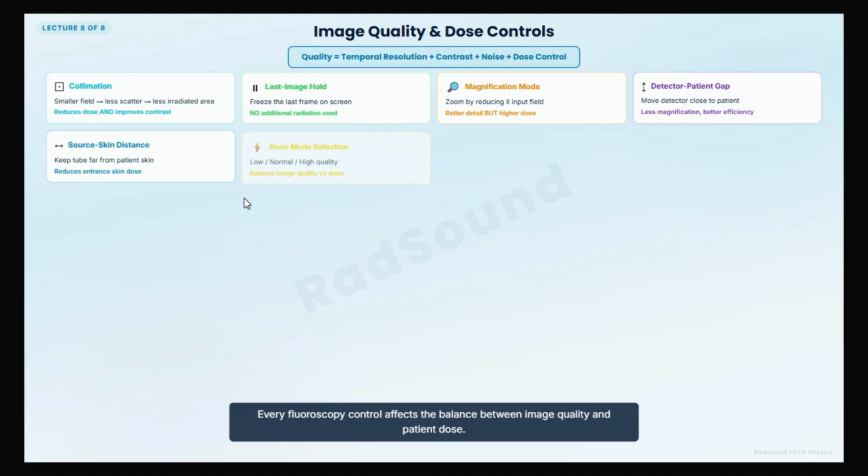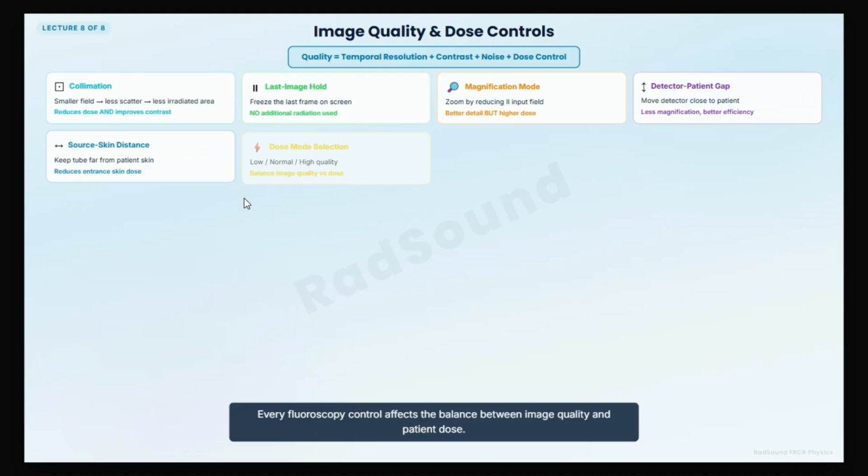For magnification, mostly we use zoom, so you can zoom in and out on the last image without needing more dose. Then the detector-patient gap: move the detector close to the patient so the remnant X-rays reach the detector very fast and more easily than when the detector is away from the patient.